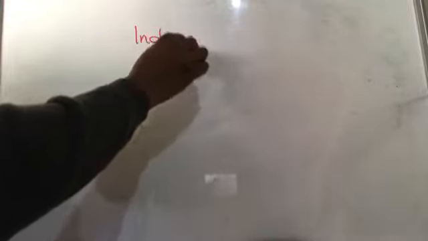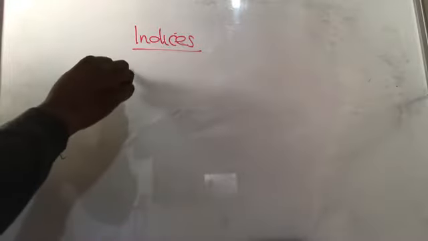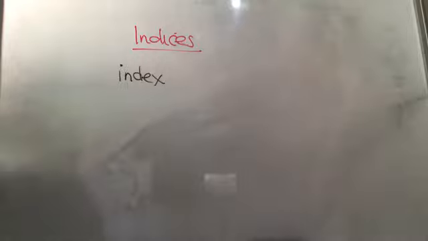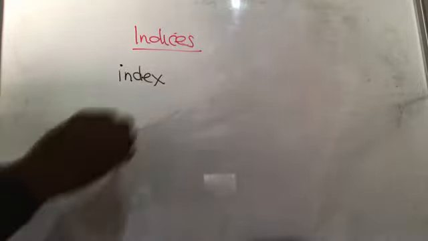So let's look at the principles or the fundamentals of this chapter, laws of indices. So let's write indices. This word indices is coming from the word index. Indices is a plural word, and the singular is index.